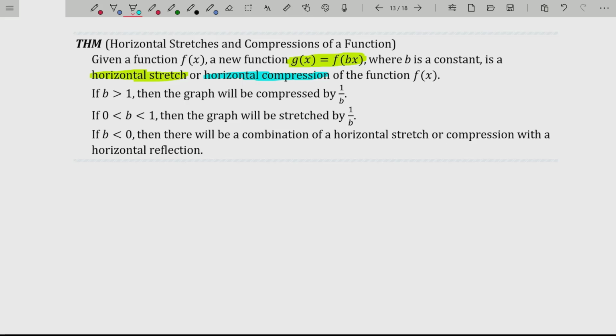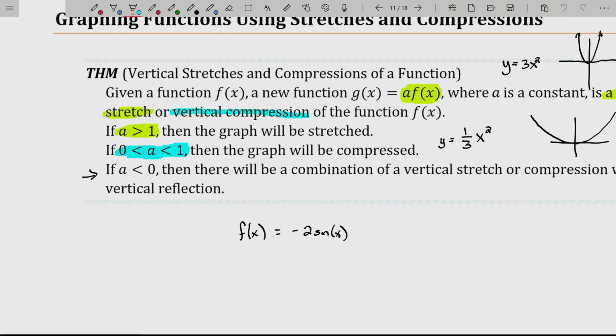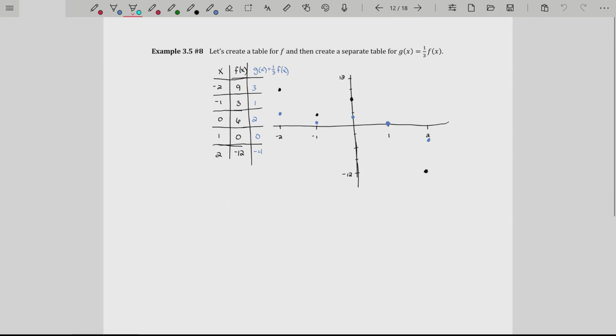Well, remember, if you were dealing with vertical stretches or compressions, if the coefficient a was greater than 1, then it was stretched, vertically stretched away from the x-axis, because you're multiplying all the y values by a number greater than 1. That is not the case with horizontal stretches and compressions.